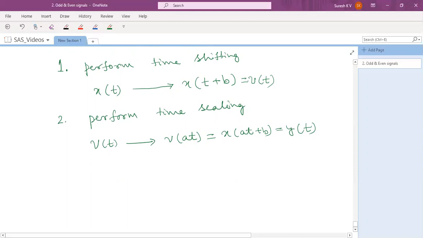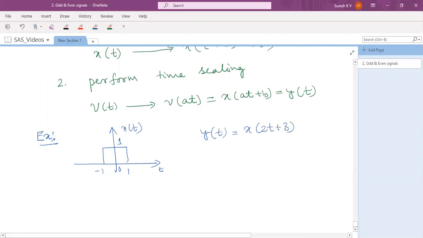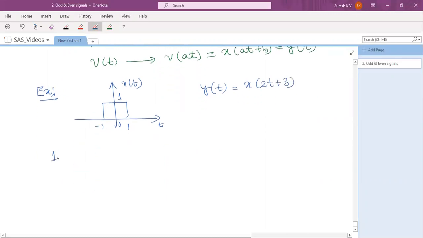So let us just take a simple example. Let me just assume x of t is defined from minus 1 to plus 1, magnitude is 1. This is x of t. If we need to perform y of t is equal to x of 2t plus 3, step 1 is generate v of t, which is equal to x of t plus 3.